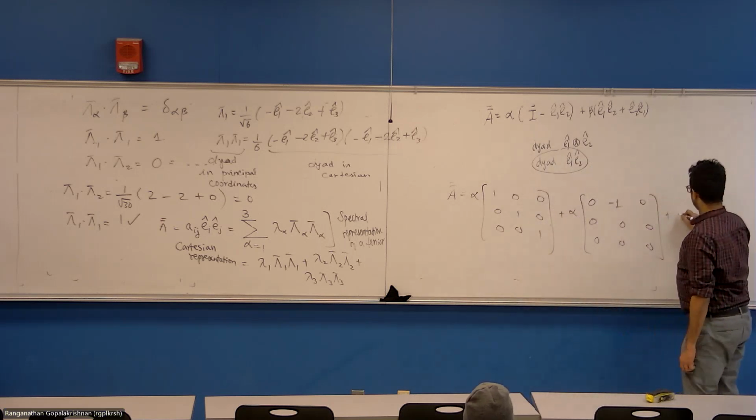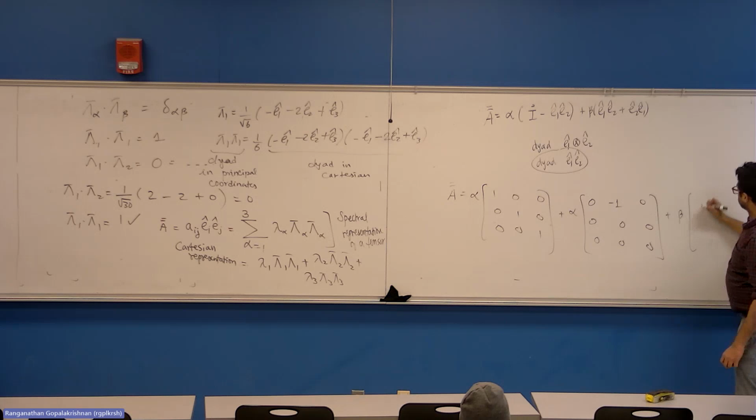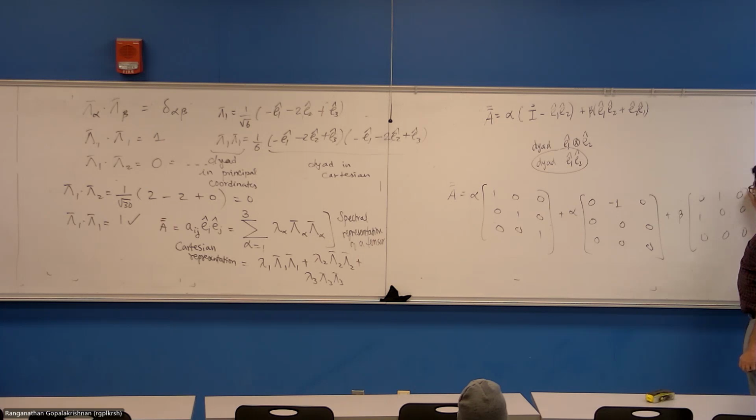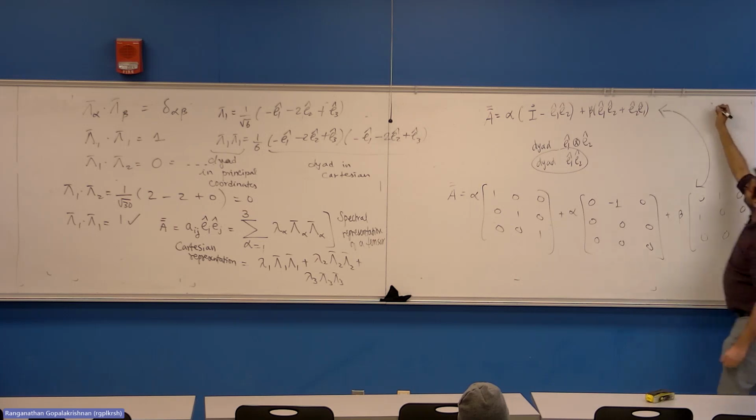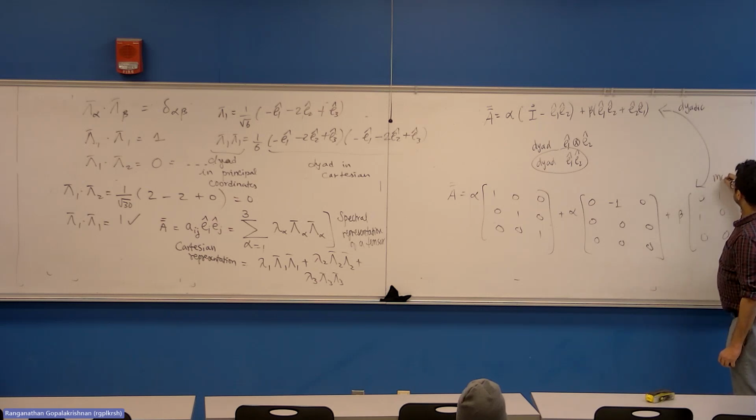Plus beta times E1 E2, E2 E1 are non-zero, so 1, 1, and everything else is 0. This is the matrix representation of this. So this will be not spectral. This is dyadic. This is the matrix. Spectral is what we are going to do next.